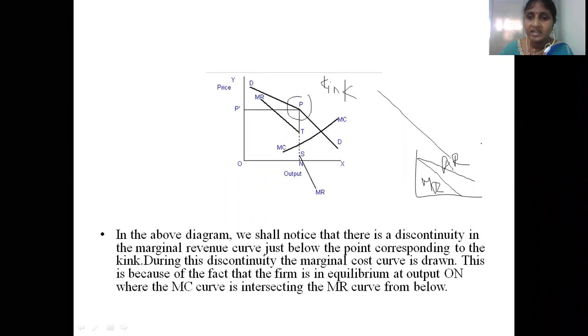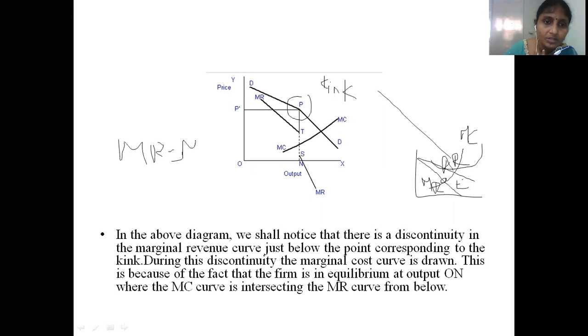Generally your average cost curve is like this and your marginal cost is going to cut your marginal revenue. Whenever your marginal cost curve cuts your marginal revenue, this point is called the equilibrium point in the previous cases. So what is the equilibrium point? Whenever MR is equal to MC, you obtain an equilibrium point.